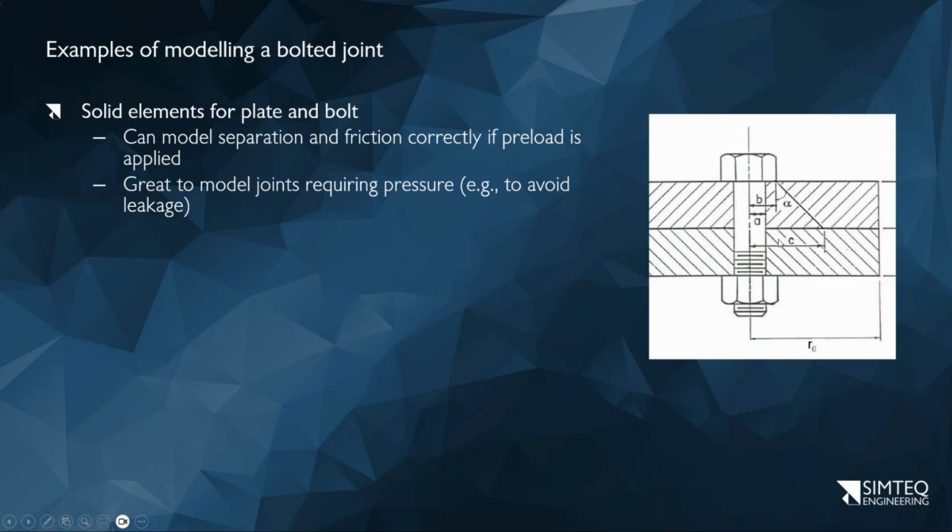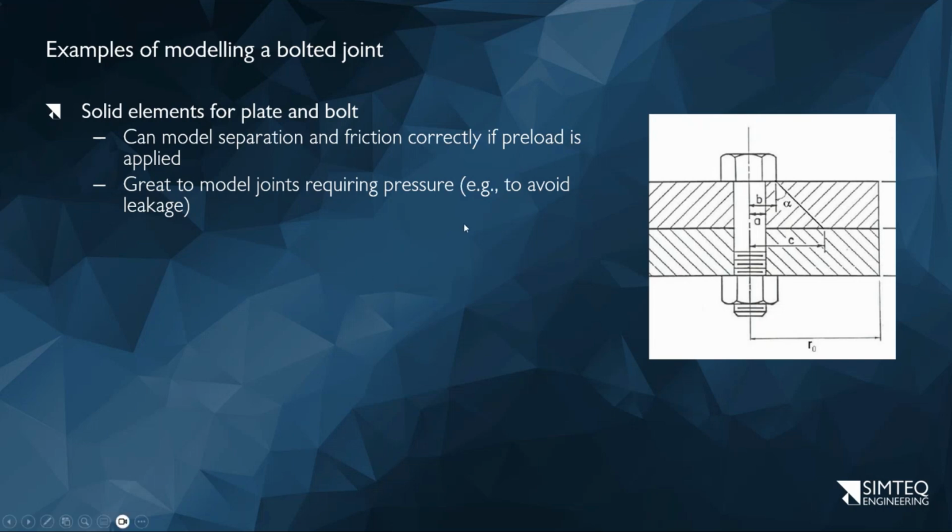Okay, so if I model this in detail, I'll get that nice pressure distribution using solid elements. So this is a great way to model the kind of joints where I'm interested in the size and pressure distribution. So if you need to avoid leakage, for example, so this is a face that's supposed to be squashed together with a pretty high stress, because I don't want water leaking out or air leaking out or something.